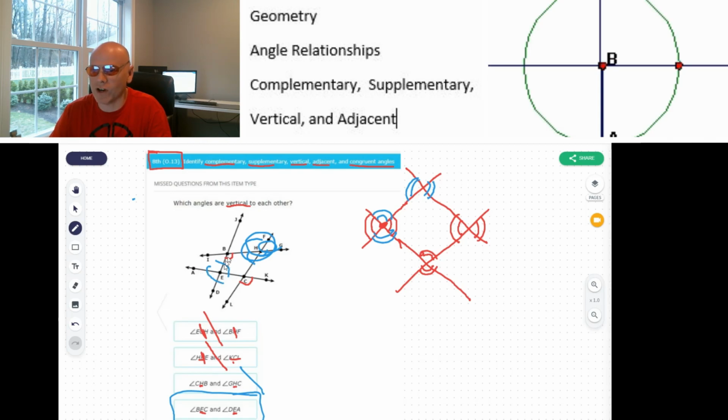The common vertex is E. And these open opposite to each other. Right? This is kind of going diagonally down. This one's sort of going diagonally up. There you go, guys. Vertical angles, angle relationships. You can do this math and be great at it. Good luck.